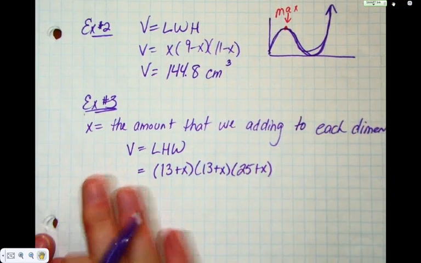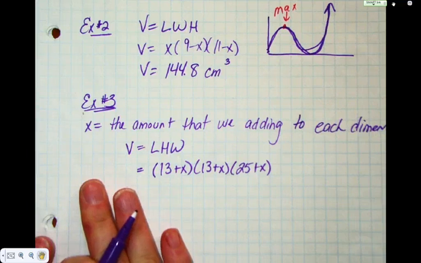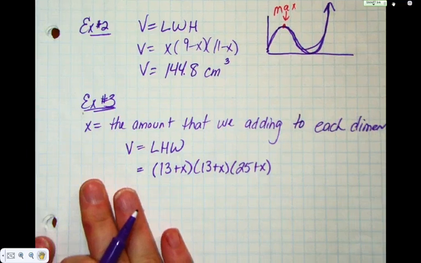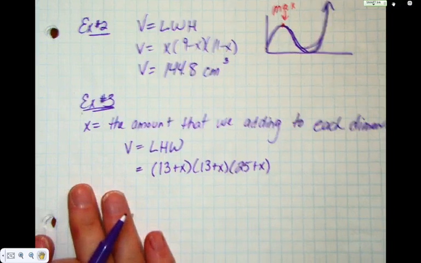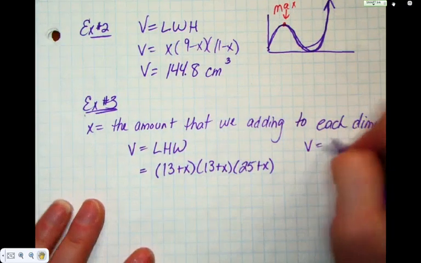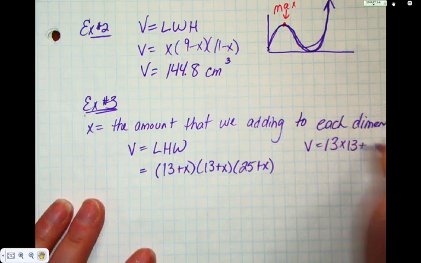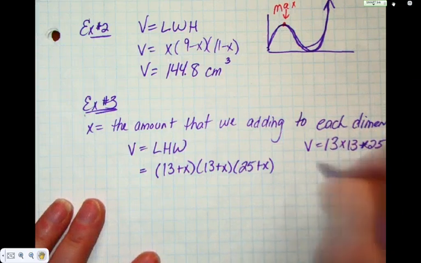Okay, what about the left-hand side? So what are we doing to the volume? We want to add 350 to it, but what's the original volume? Okay, so original volume has to be 13 times 13 times 25.